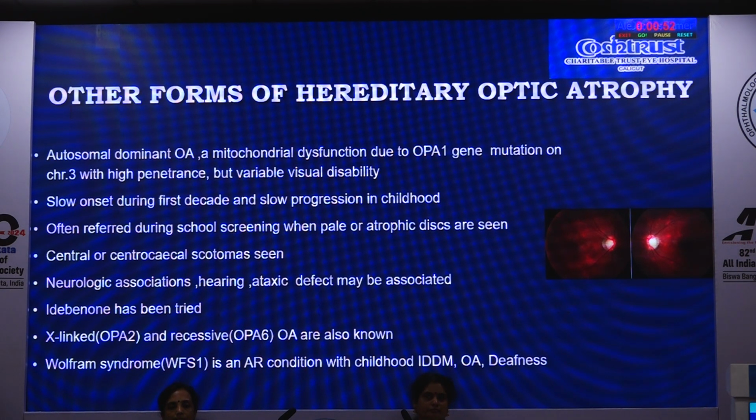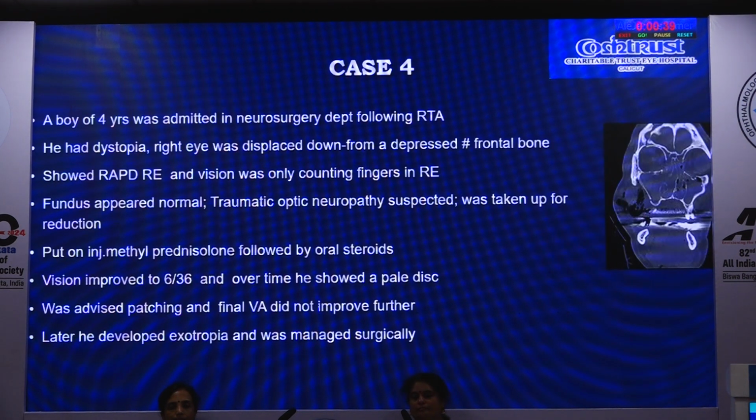X-linked and recessive forms of optic atrophy are also seen, and Wolfram syndrome is a recessive condition with childhood IDDM, insulin dependent diabetes mellitus, with optic atrophy and deafness. So molecular analysis is sometimes important in these cases.